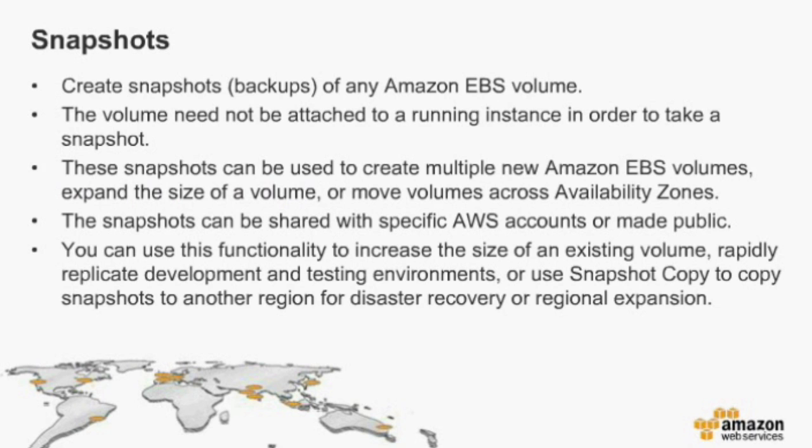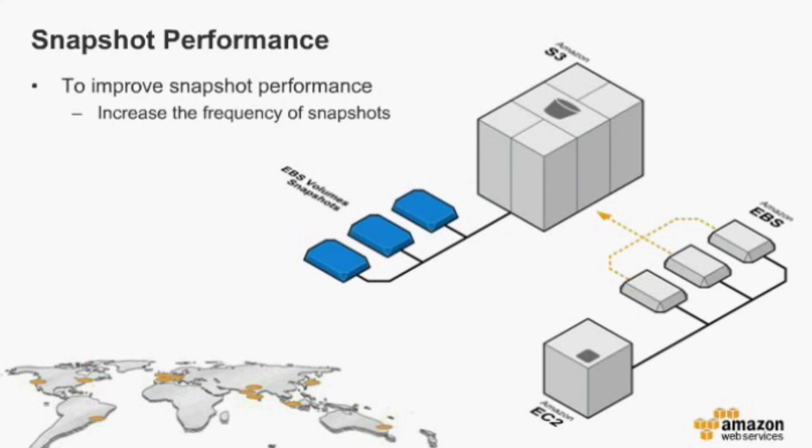So, snapshot performance. When you take a snapshot of a volume, every block that makes up that volume is evaluated against a copy of that block, either if it was full of zeros because you hadn't written anything there, or a copy of that block from your most recent snapshot. And that evaluation is done to allow an incremental backup of the storage system. So any net new blocks that have changed since the last snapshot, or all blocks if you've never taken a snapshot, are then duplicated to S3.